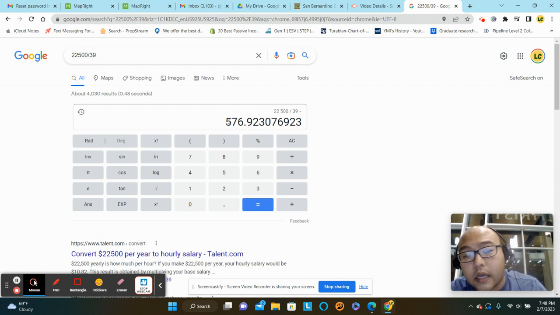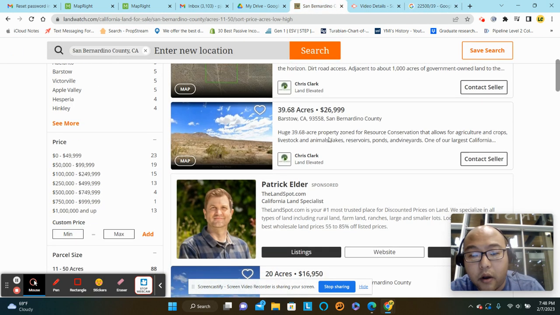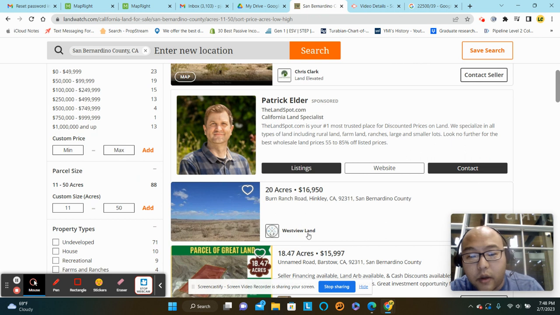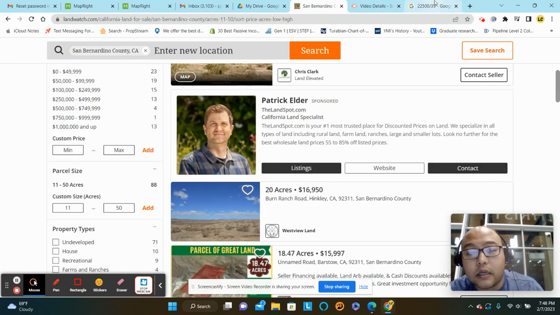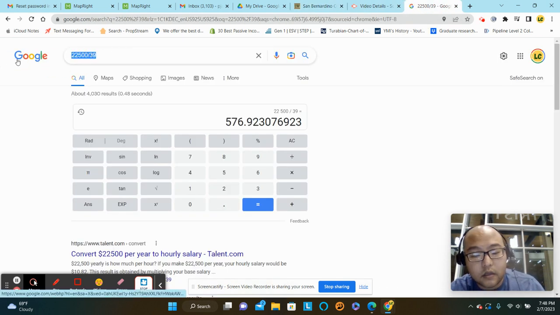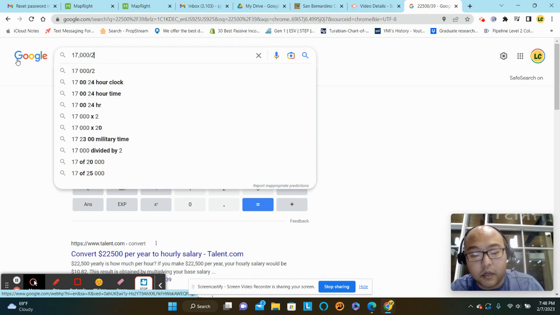So he's being real aggressive with it then. 39 acres. Yeah, so this guy bought it at 250 an acre, right? And he's going to double his money. That's kind of what he's doing, like he's trying to beat all the other competition. Let's see Westview Land. So we got here 20 acres is 16,005. Okay. So we got here 17,000 divided by 20.